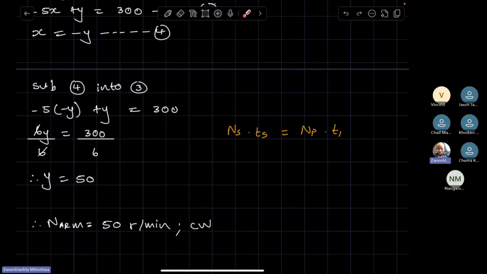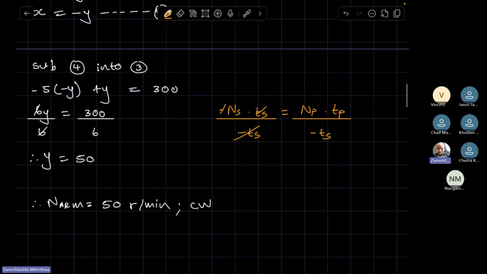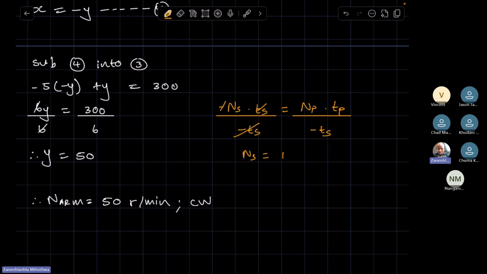So TP remains positive because it's rotating clockwise, and TS will be negative because it's rotating anti-clockwise, as the two gears mesh through the outside circumference. Of course you're looking for NS, so you divide both sides by negative TS, and NS will be equal to NP times TP divided by negative TS.